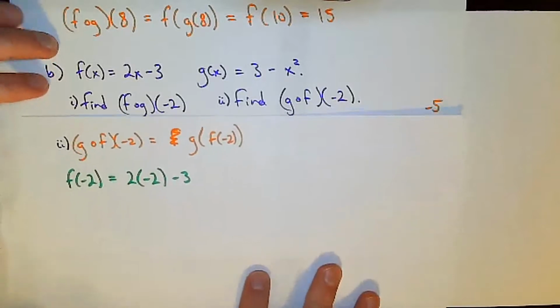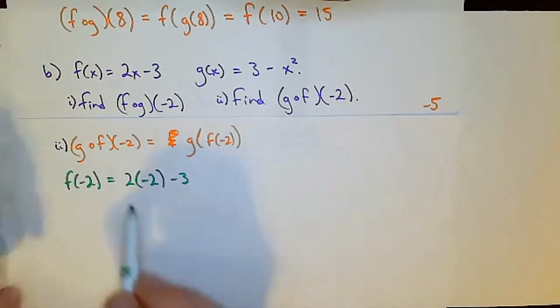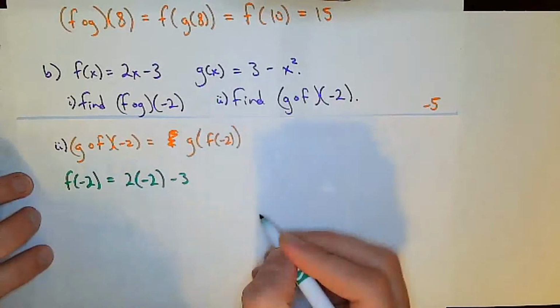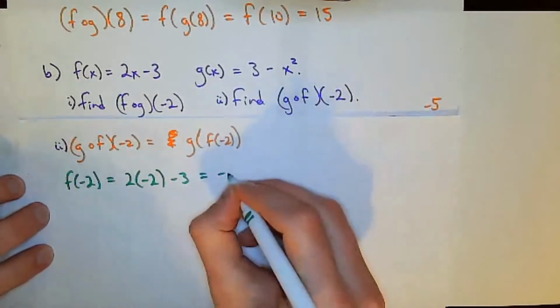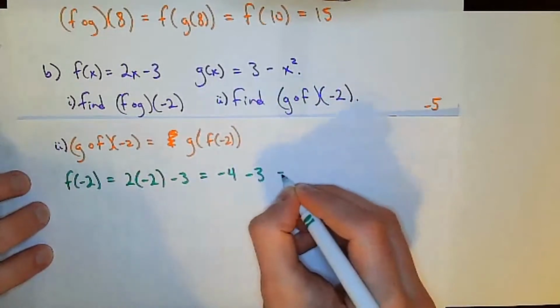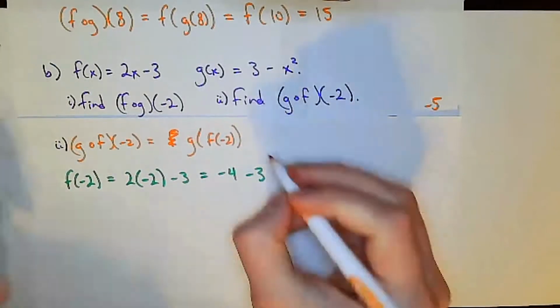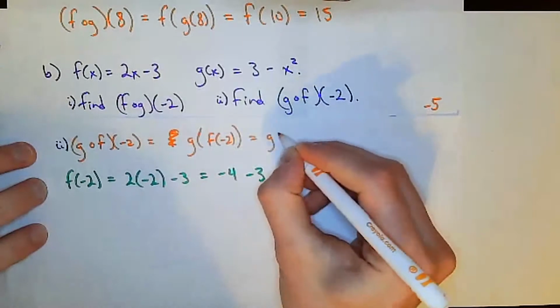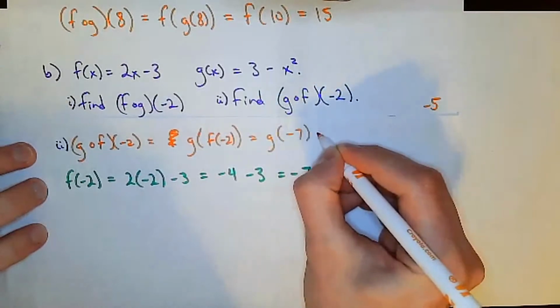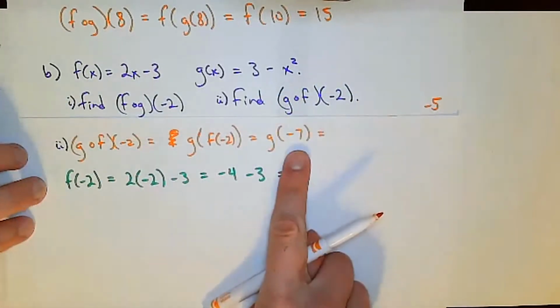Okay. So anyways, with the right function written down, 2x minus 3. So 2 times -2 is -4, and then minus 3 gives me -7. That's this input here. So f of -2 turns into just a -7. And now I say, oh, look, g of -7.